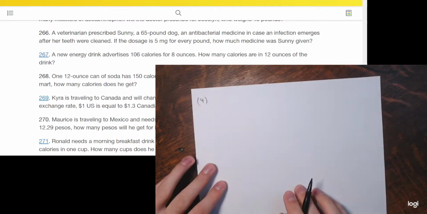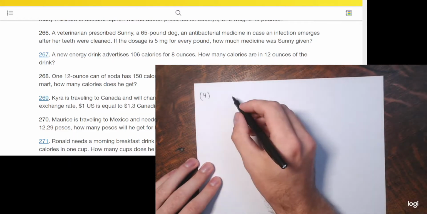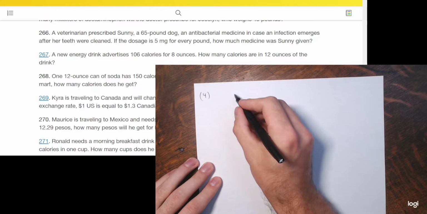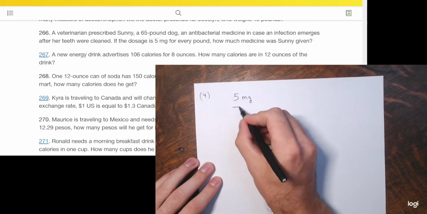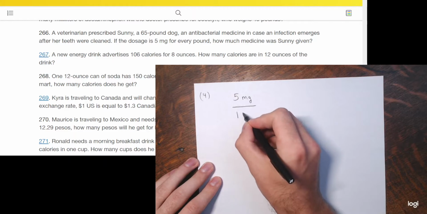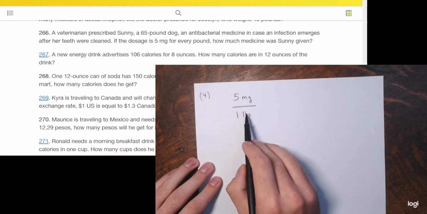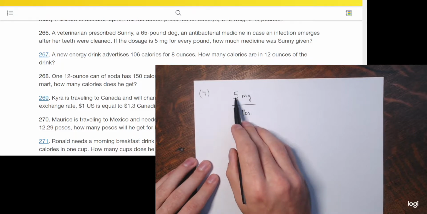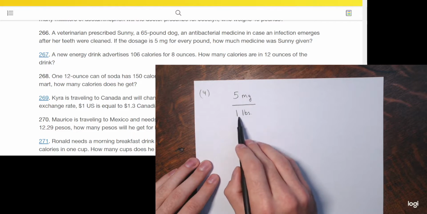Same setup pretty much. They told us the dosage was 5 milligrams of drug per every pound. So I have milligrams in the numerator, pounds in the denominator: 5 milligrams of the drug is prescribed for every pound of dog.